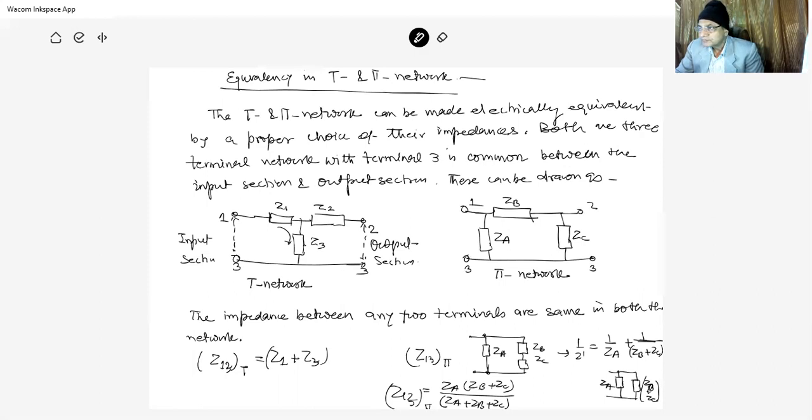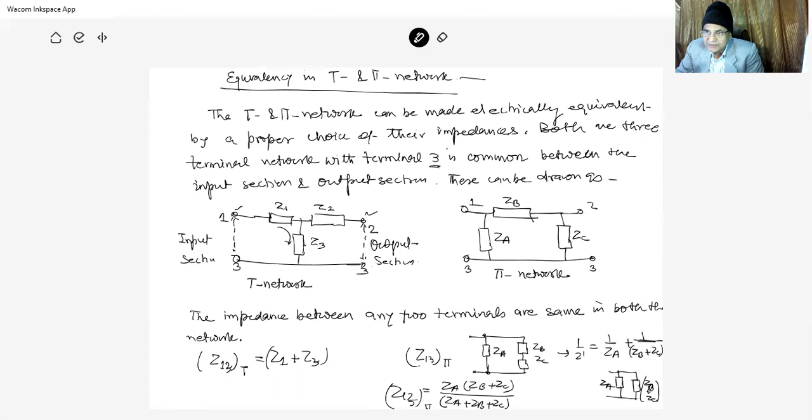Both are three-terminal networks with terminal 3 common between the input section and output section. These can be drawn as follows: this is terminal 1, terminal 2, and 3 is the common.